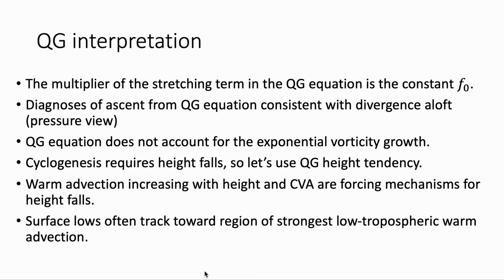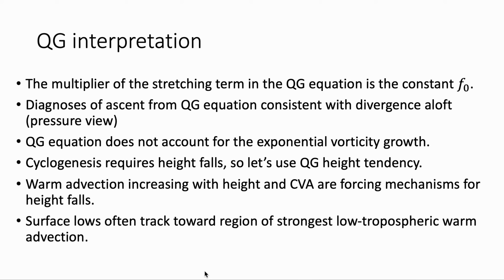And the QG framework is not necessarily great to look at explosive cyclogenesis, because the tilting term is really just a fixed f0, so it's just a fixed term, and it's not like in the equation that we saw for the vorticity.